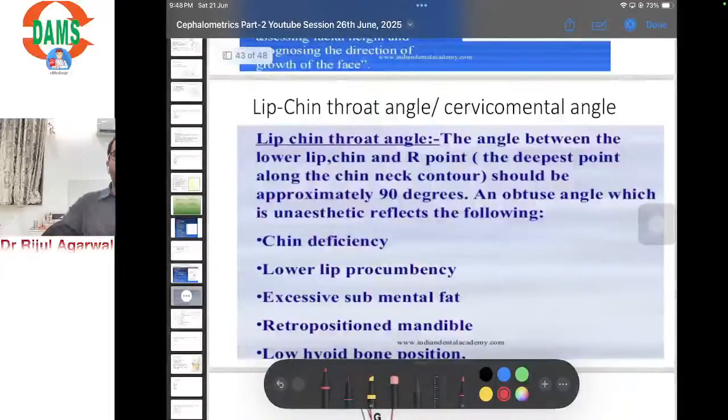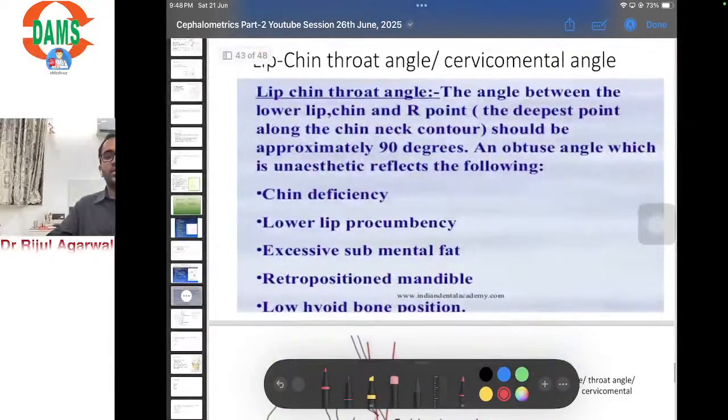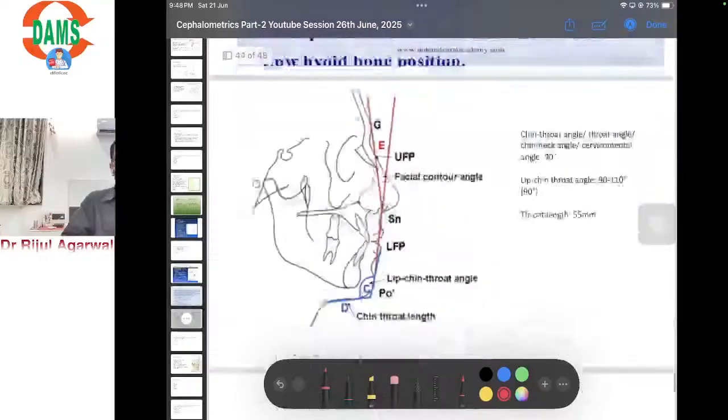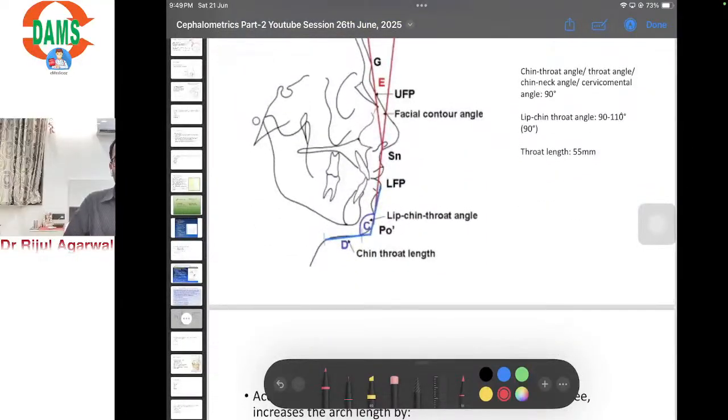Next are the lip chin throat angle or the cervicomental angle. It is the angle between the lower lip, chin and the R point, that is the deepest point along the chin neck contour, and approximately it is 90 degrees average value. Obtuse means an unaesthetic appearance. It can be in cases of chin deficiency, proclined lower lips, excess deposition of soft tissue fat, or a retro-positioned mandible.